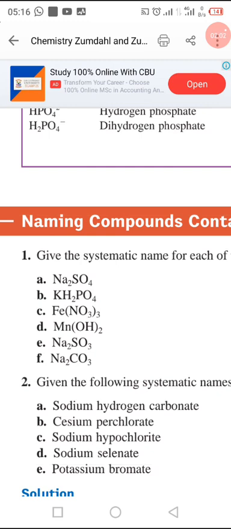And how did they come up with sodium sulfate? Sometimes they might ask you that kind of question.